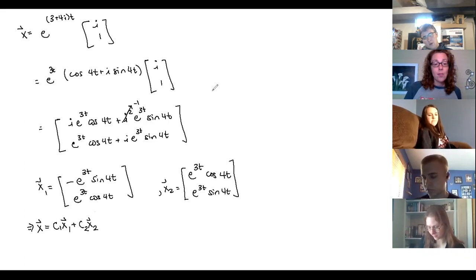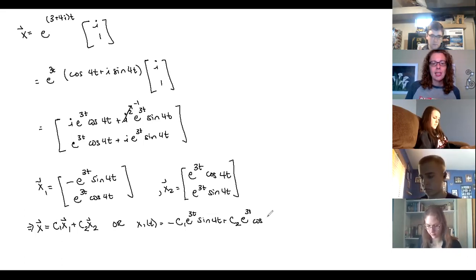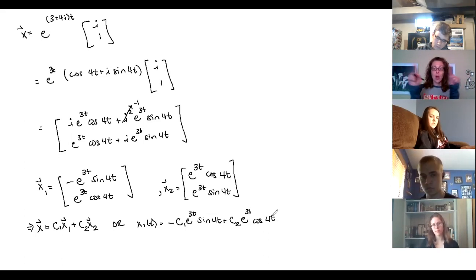Or again, if you wanted to, you can make this into two functions. So little x1 of t is negative c1 e to the 3t sine 4t plus c2 e to the 3t cosine 4t. That's from the top row in my vector x, right?